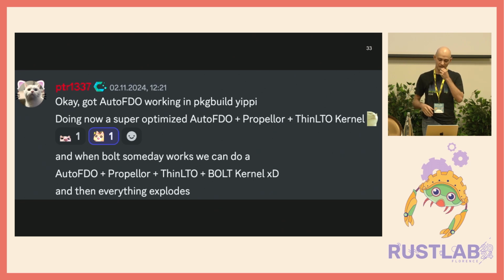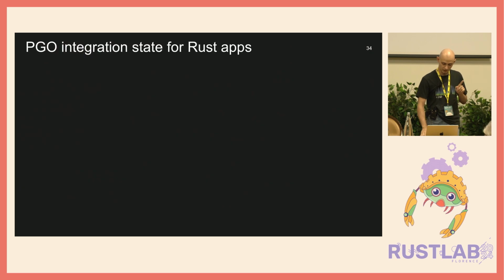Here he applied all optimizations to the Linux kernel, like LTO, thin version, AutoFDO, like sampling PGO, and Propeller, we'll talk about it later, plus BOLT, and at some point it worked. It's one of the most optimized Linux kernel versions nowadays, at least in the open source world. Regarding Propeller and BOLT, at the end of the talk we'll talk about it.